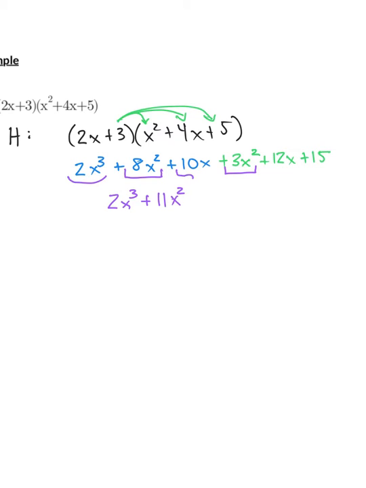We can combine 10x with 12x to give me 22x, and then we have our 15. And we're done. So this is multiplying horizontally.